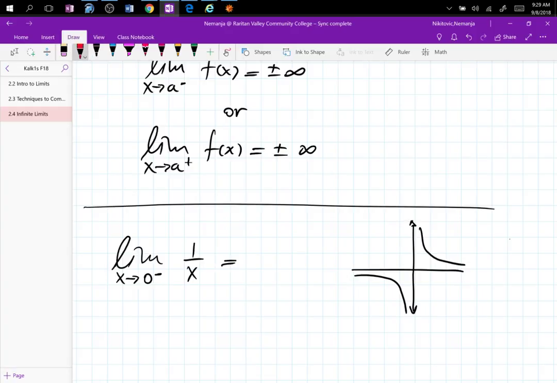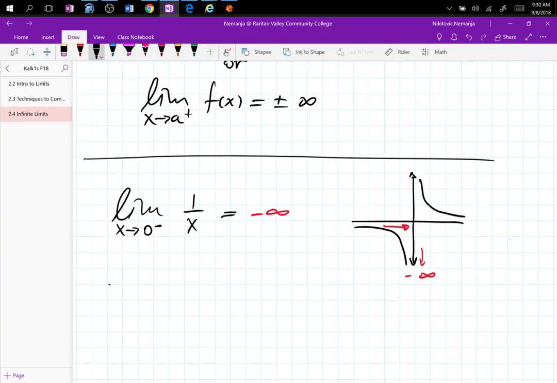You see that when you approach 0 from the left, your y value goes to negative infinity. Limit is the y value of the function, a fancy way to compute the y value of the function. And you see that the y value goes to negative infinity as x goes to 0.